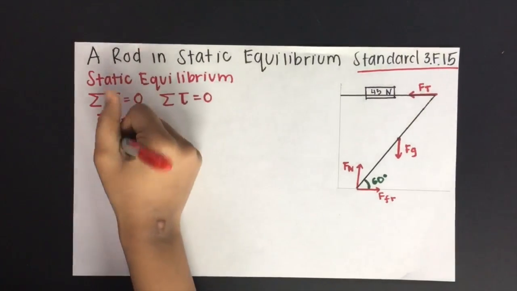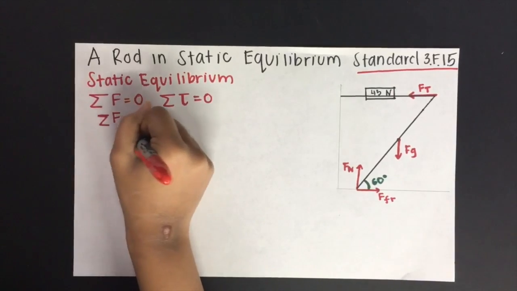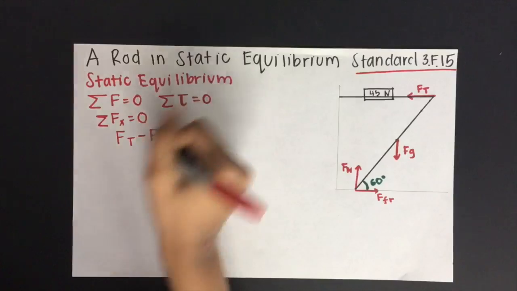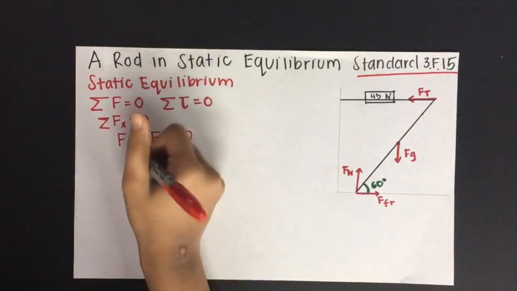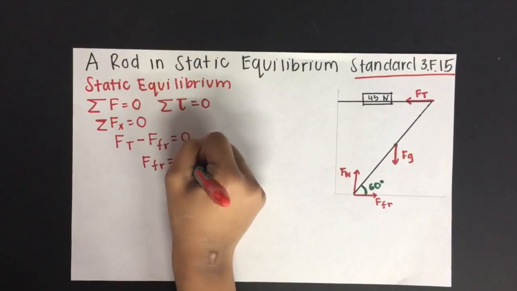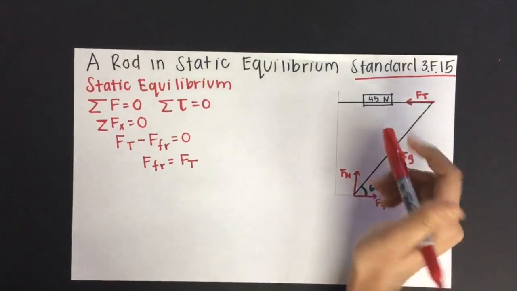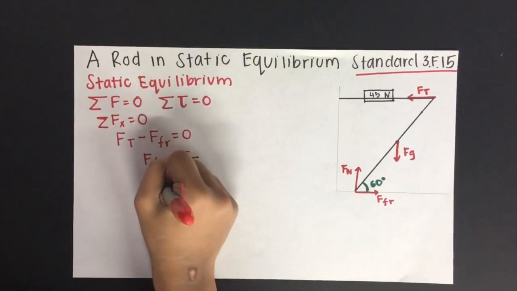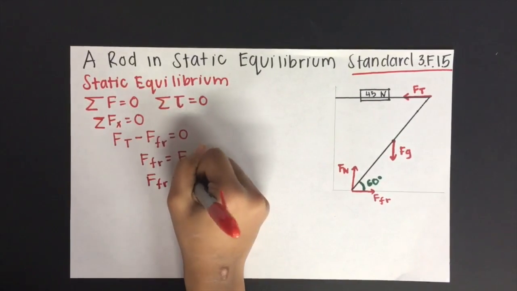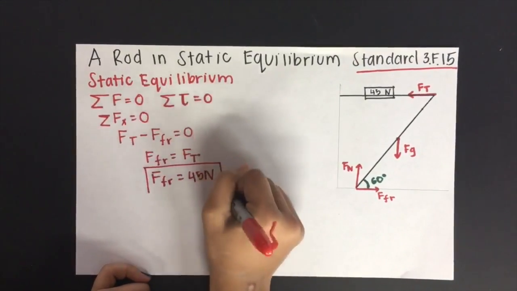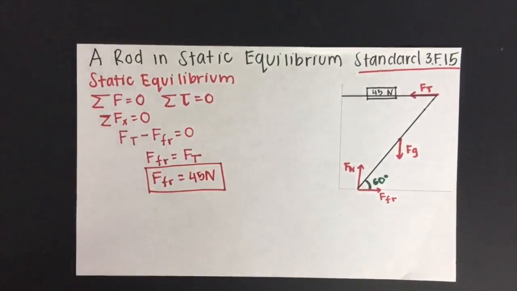So you can write that in equation form as force of tension minus force of friction equals 0. Solving for the force of friction, we get force of friction equals force of tension. The force of tension is given to be 45 newtons, so we can replace that. And then we get the answer to our first part of the problem.